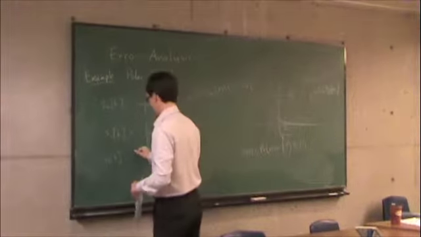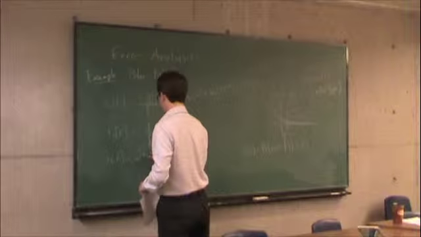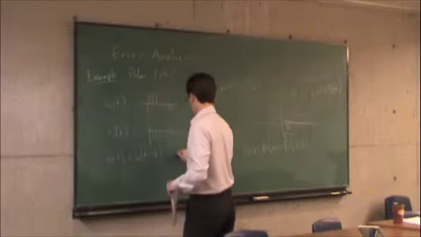H of K is S0 of NB minus K, which looks like this.